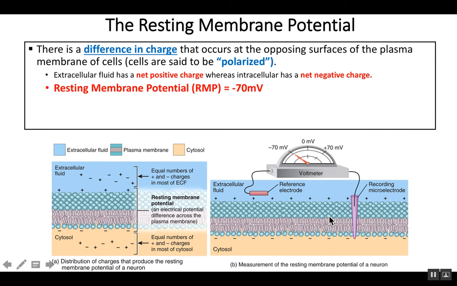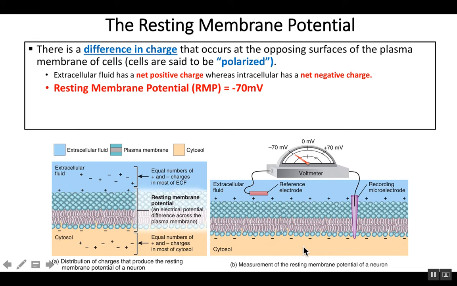When two people are polarized, they have different views. In politics, Democrats and Republicans are polarized. They have different views on things. The North and South poles are different. They're on separate ends of the Earth. So that's why they're called poles. So this neuron is polarized because the inside is a lot different than the outside.